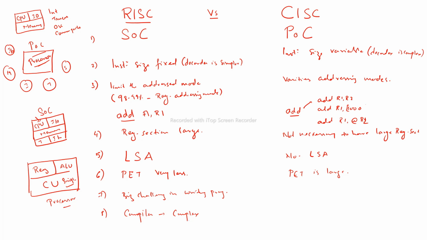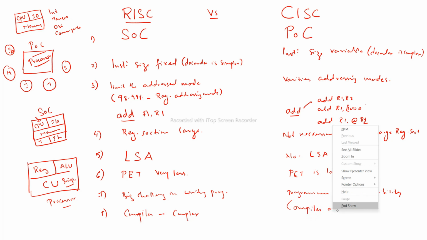So most of the part the compiler will take care of. Whereas here the programmer has been given flexibility to write the program. And here the compilers are simpler.